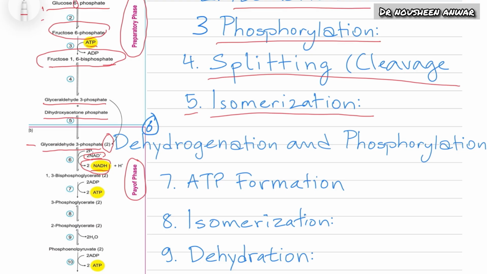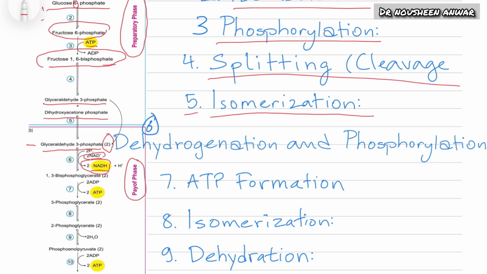In this process, one phosphate is also attached, so it will become 1,3-bisphosphoglycerate.